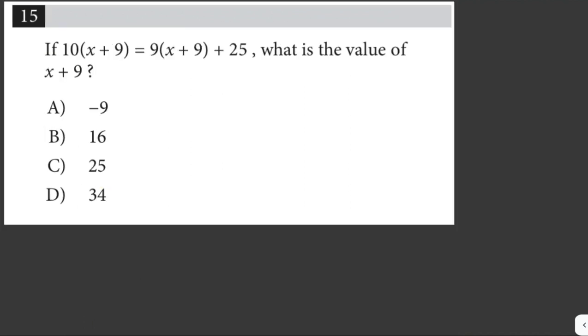Right, let's solve another one. If 10 times x plus 9 equals 9 times x plus 9 plus 25, what is the value of x plus 9? Okay, the first thing we do here to solve this quicker is to group those terms with x plus 9.